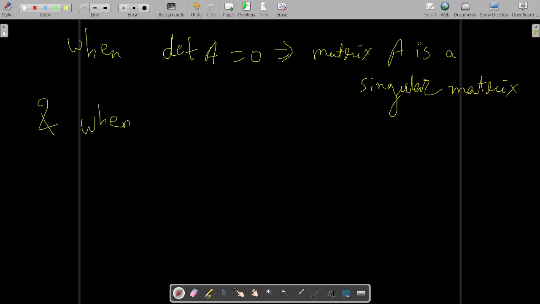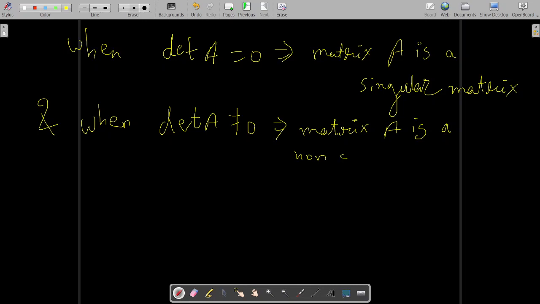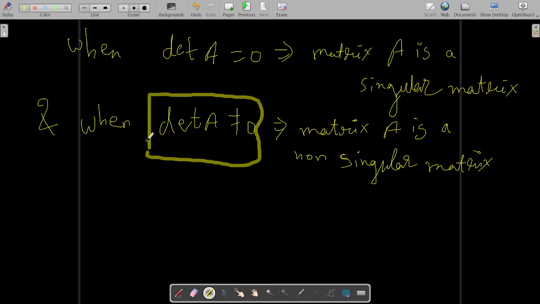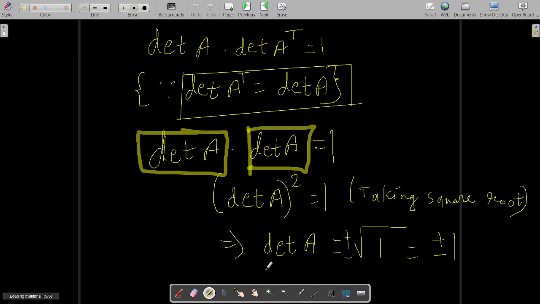And when determinant of A is not equal to 0, that implies matrix A is a non-singular matrix. So clearly you can see that the determinant A not equal to 0 condition is being satisfied over here.